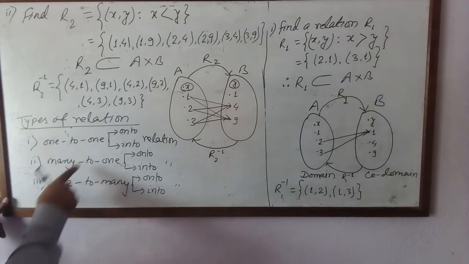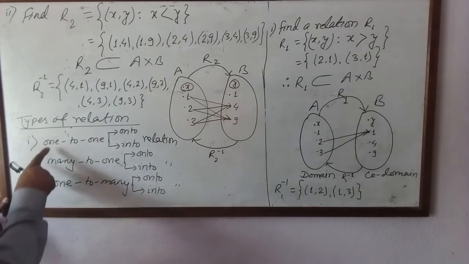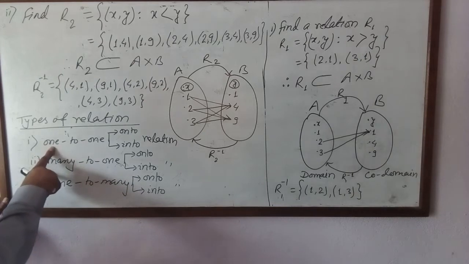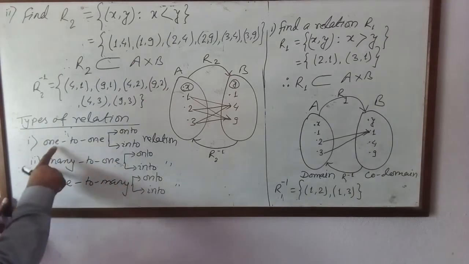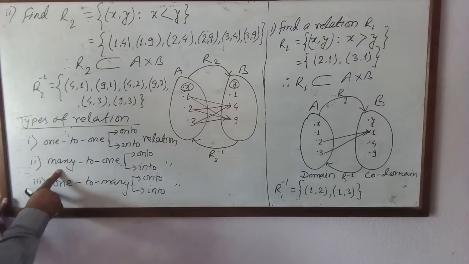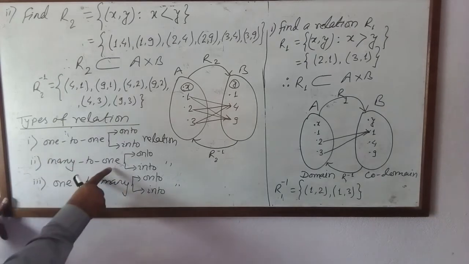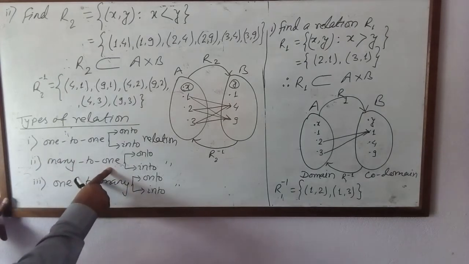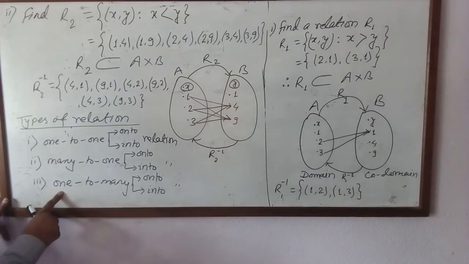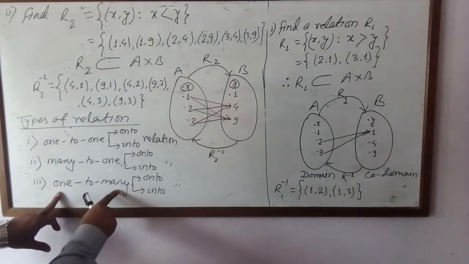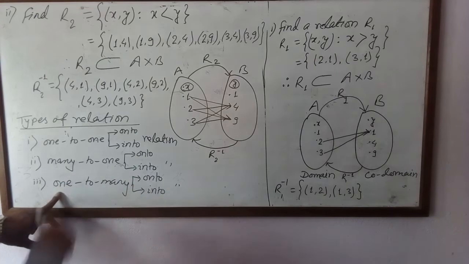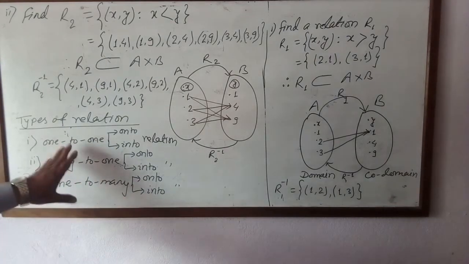This part is domain, this part is image. Again, one domain, one image. Meaning of this one is many domains, but they have the same, common image. One domain, but one domain has many images. This is the simple way to understand.